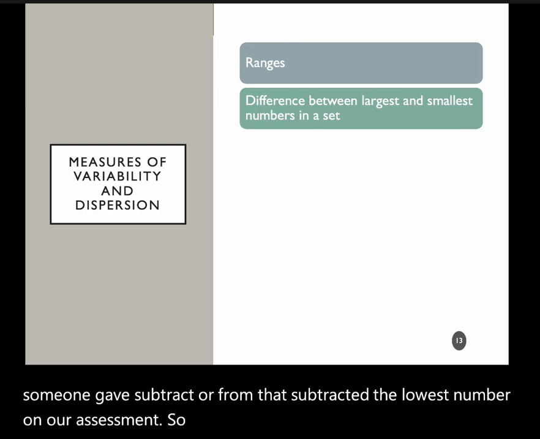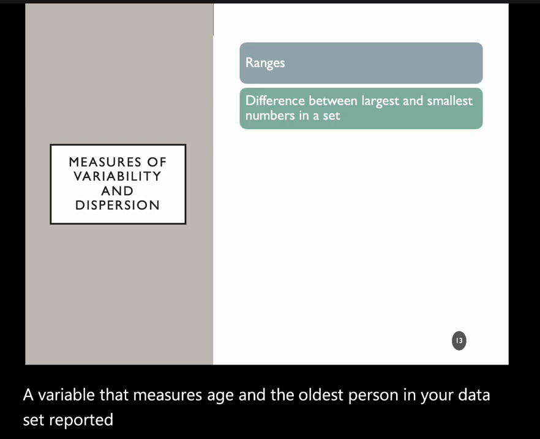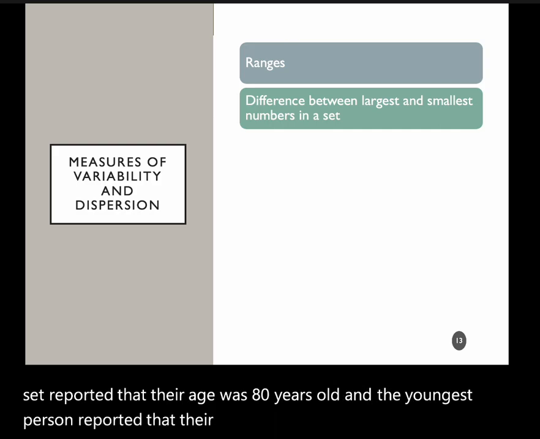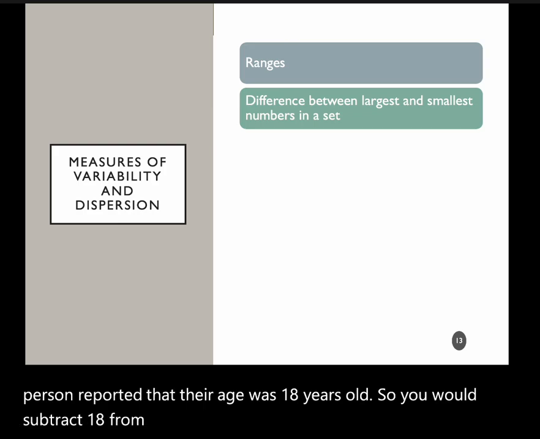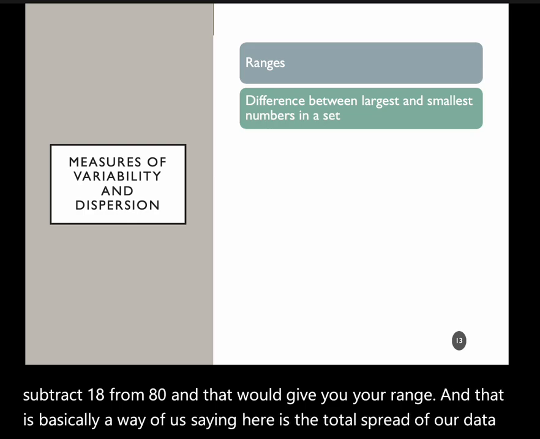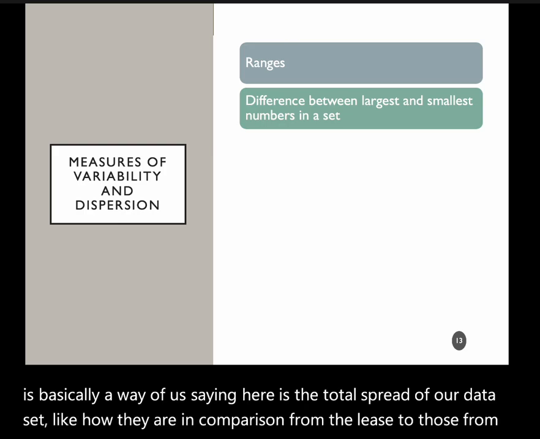So, maybe you have a variable that measures age, and the oldest person in your data set reported that their age was 80 years old, and the youngest person reported that their age was 18 years old. So you would subtract 18 from 80, and that would give you your range. That is basically a way of saying, here is the total spread of our data set, from the smallest to the biggest.